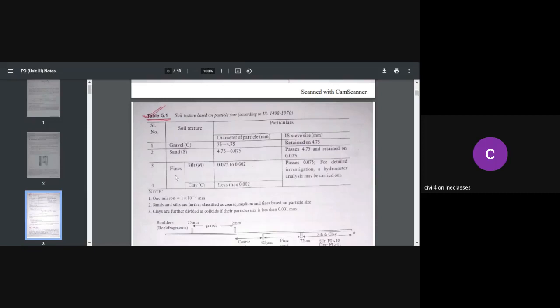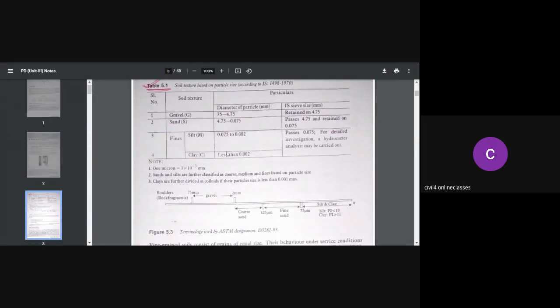Coming to the fines. Fines are nothing but silts and clays. Sizes are like this: 0.075 to 0.002 for silt, and for clay it's less than 0.002.